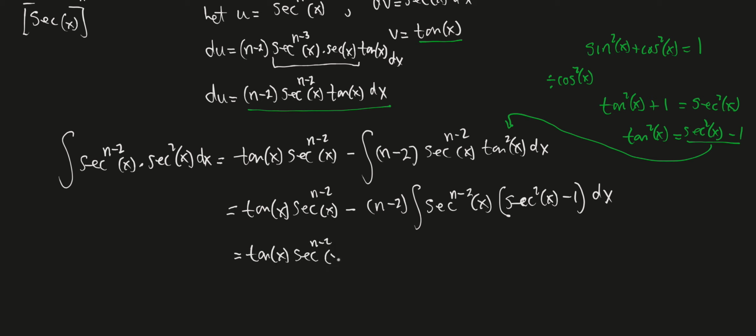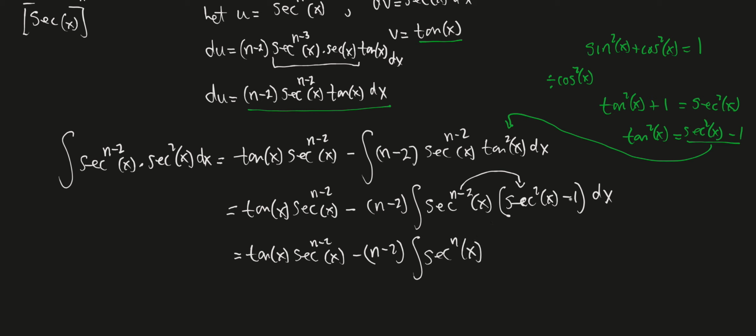So I write all of this down. Now, if we look at this integrand, if I distribute the secant to the n minus 2 power, so if I multiply these two, when I add the powers, look what I get back. I get back secant to the nth power.